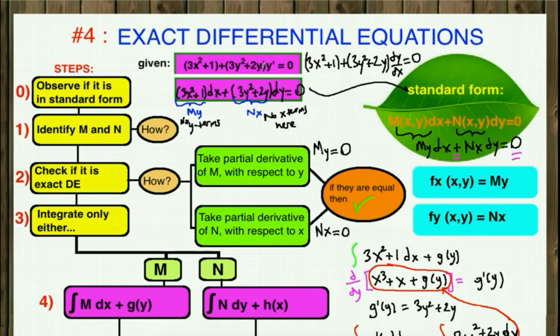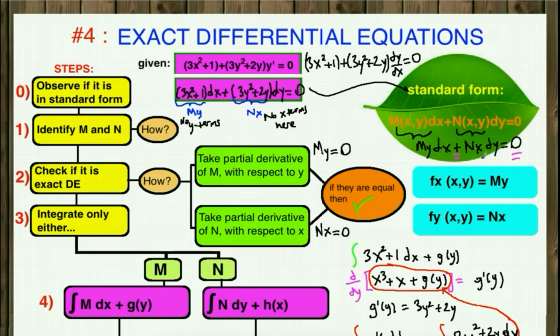We were given some function and we observe it, and we would like to see if it is in the form of m dx plus n dy equals 0. And here the plus sign and 0 are a must to check for standard form. The dx part of the function we call m, and the dy part of the function we call n.